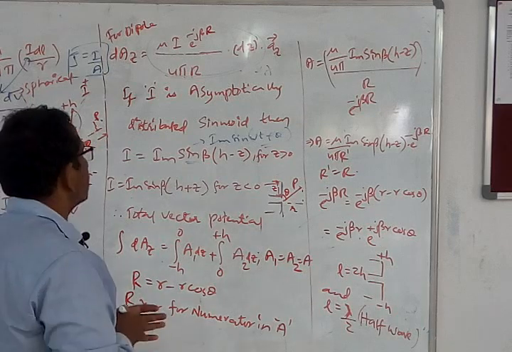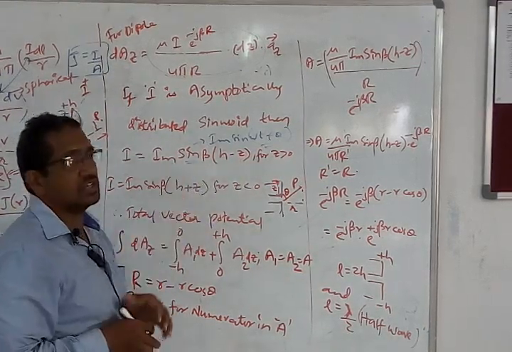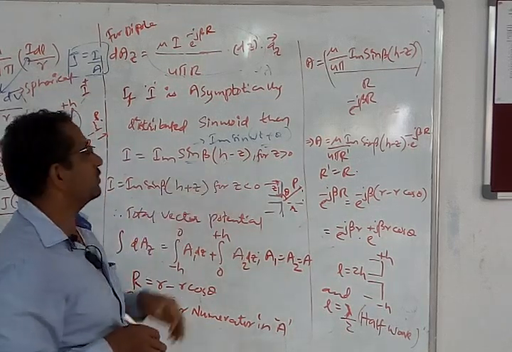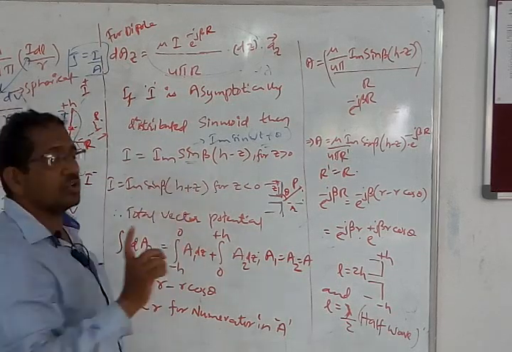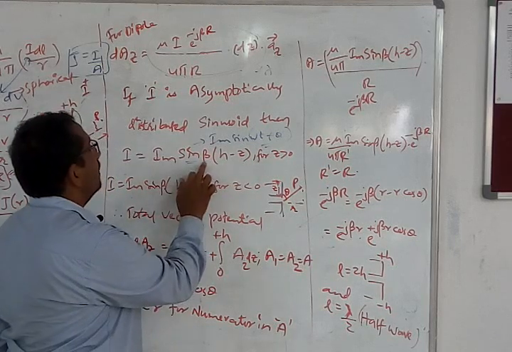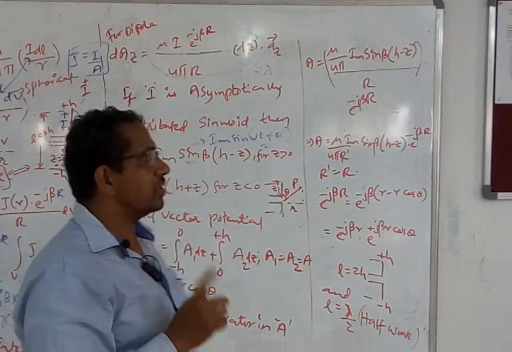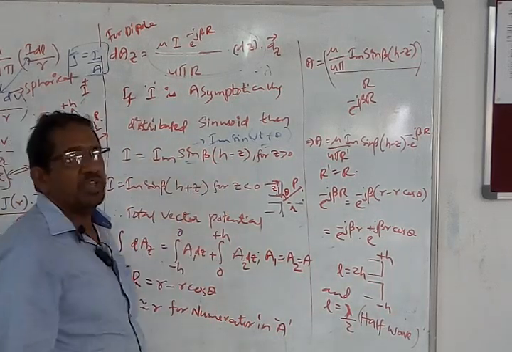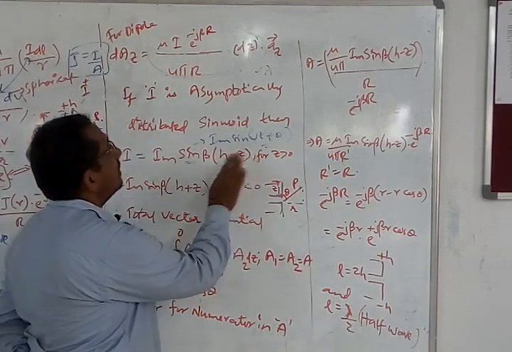So now here also we will write it, but here it is going to be in terms of a wave in the z direction that we are writing, keeping in view the height of the antenna. So therefore we will write this as Im sine, we are writing in terms of the wave. Since we are writing it for a wave, we will introduce this term called beta. Beta is known as the propagation constant. So we have to write in terms of the propagation constant: beta into h minus z, where h is the height of the antenna and z is going to be the propagation.